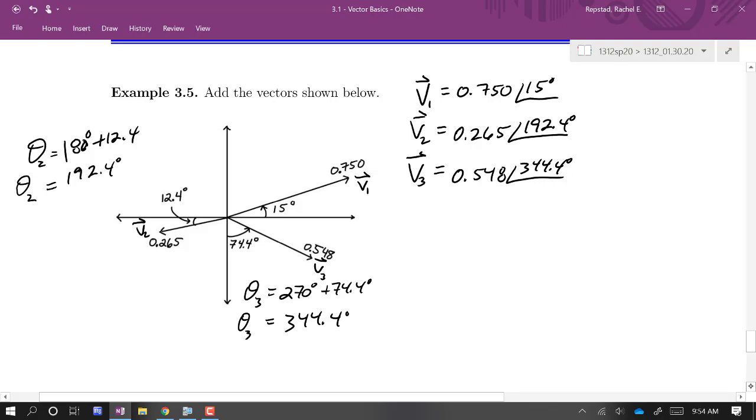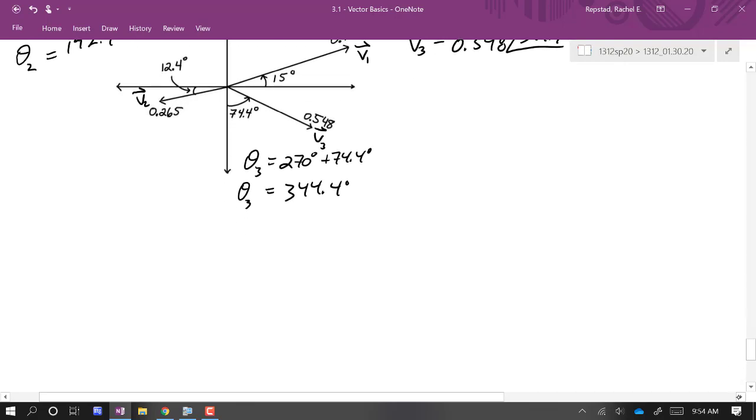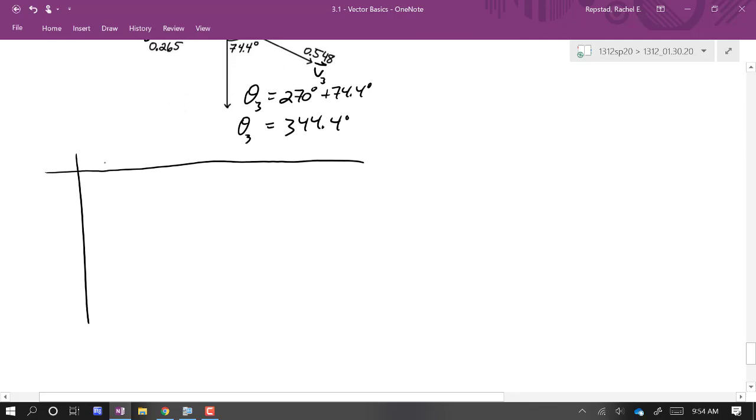So we're going to have to churn out some components. I'm going to make a little table here: x component, y component.